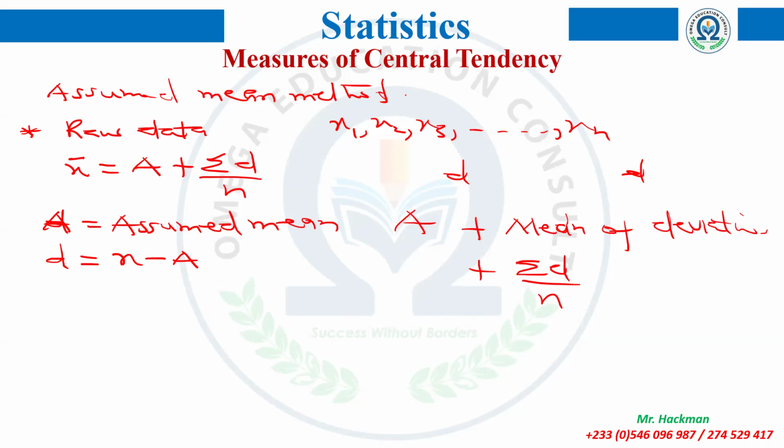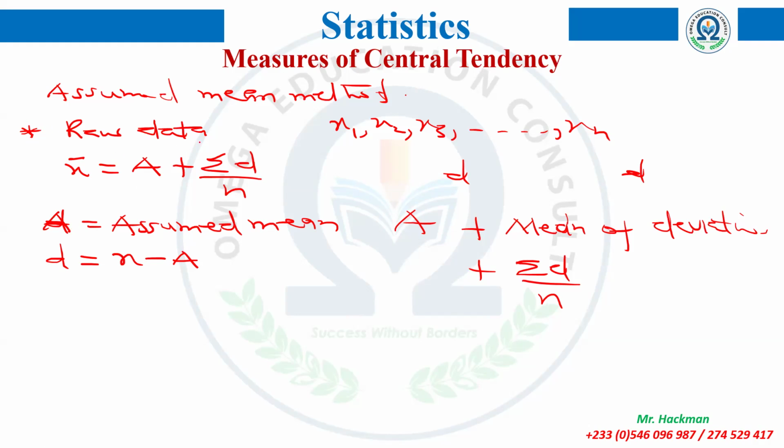So remember yesterday, we had a clue as to how to move from the raw data formula to the frequency distribution table formulas. So let's look at the second one.